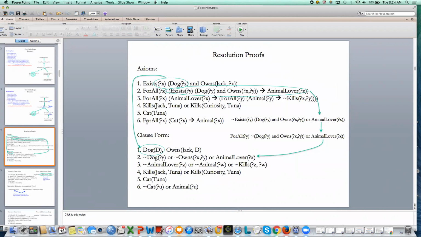The interesting thing here is, just like our treatment of proofs in propositional logic, we're going to be assuming a particular form for the knowledge base. And that particular form is going to be conjunctive normal form or clause form.